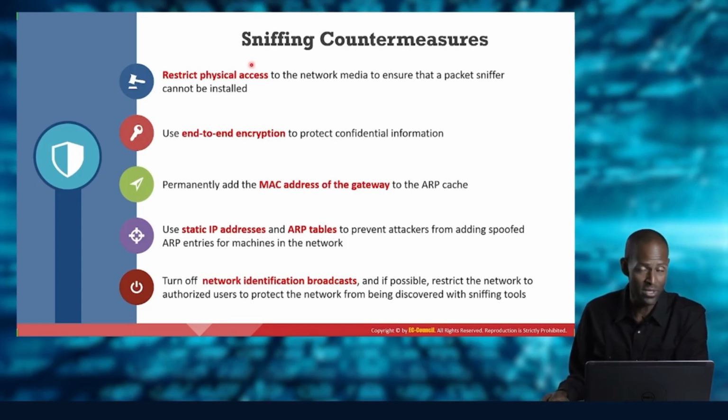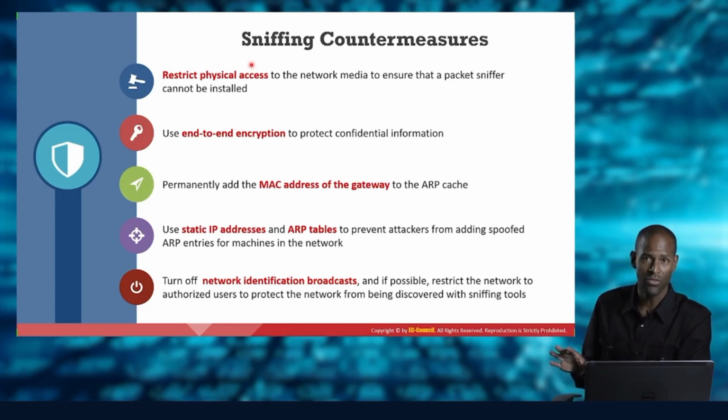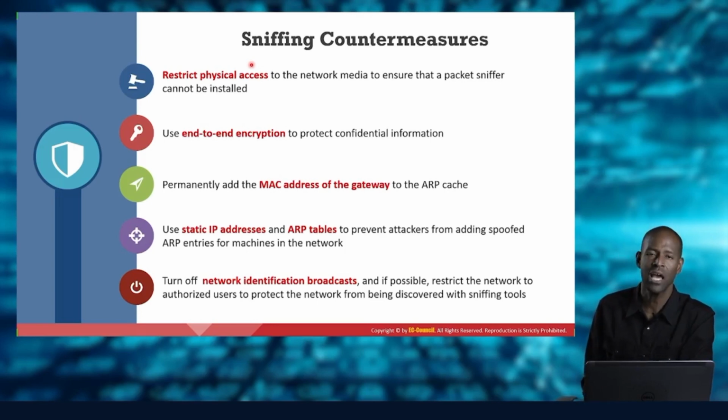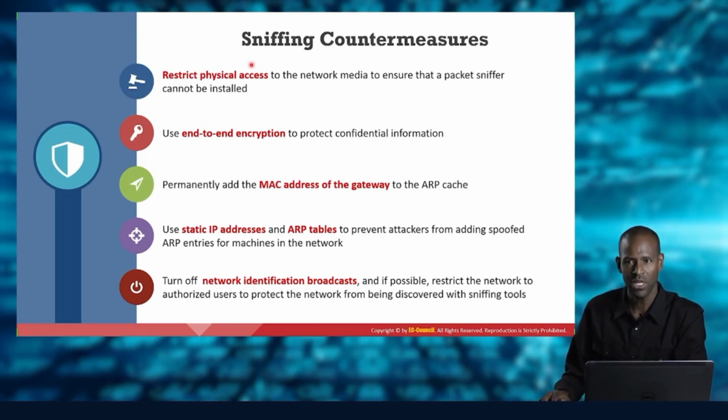There may be ports where they could plug in their Cat5e or Cat6 cable on the walls of your organization, in conference rooms, near the front desk. There are a lot of places to plug in, but what we want to do is make it so that those ports don't actually allow access into the network.